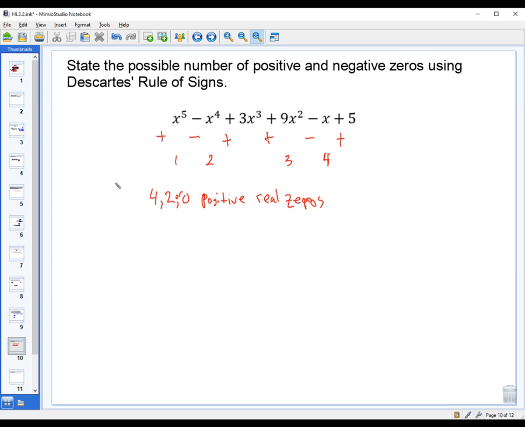Okay, then we're going to go back to this function, and we're going to plug in a negative x for all of the x's.